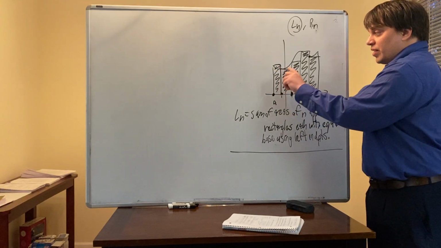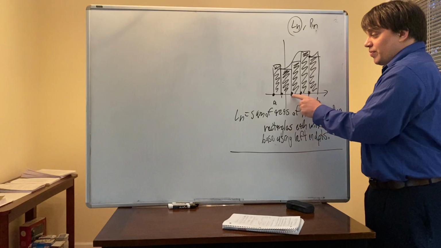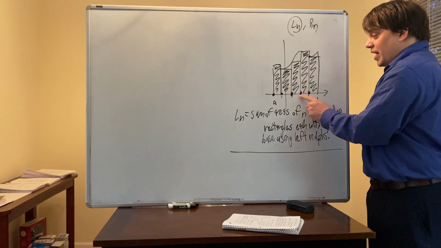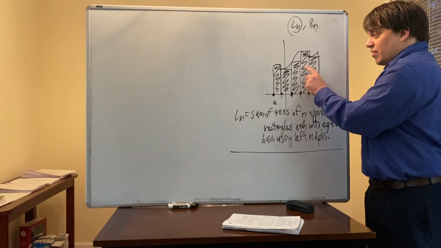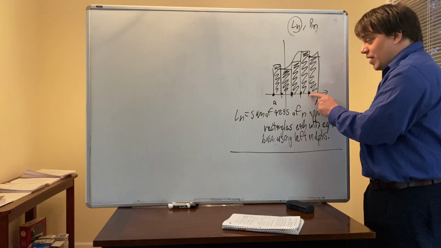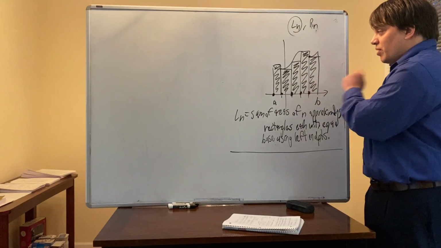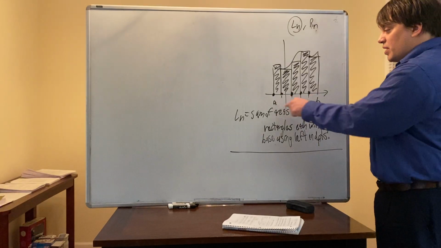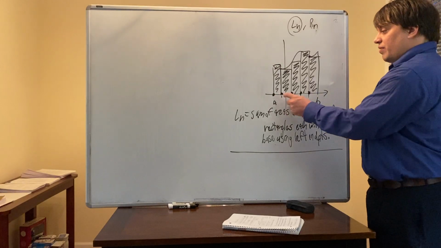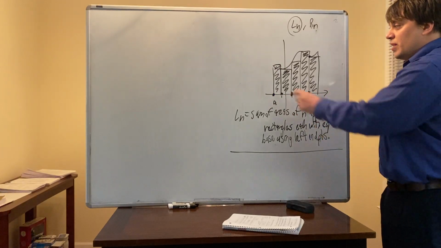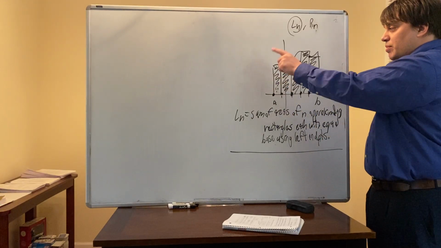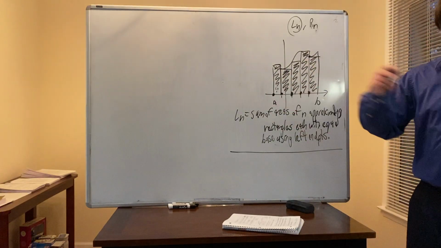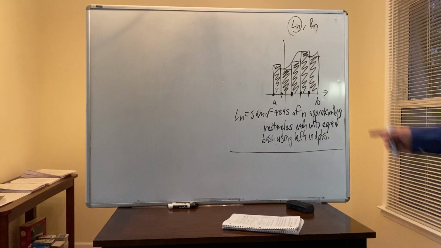The height of the graph here is the height of the second approximating rectangle, the third, the fourth, and the fifth. And when they each have the same length, it's b minus a divided by 5. That's the length of each subinterval and each base. And then multiply base times height for each rectangle. You add up the areas. That's L sub n for this example.